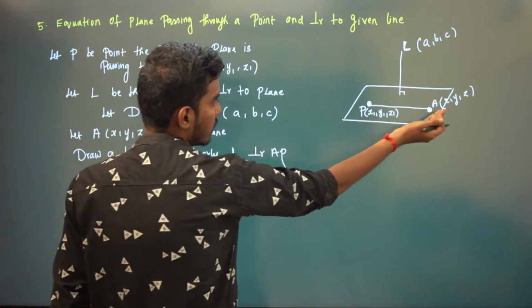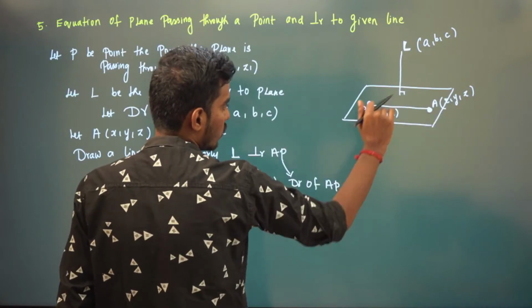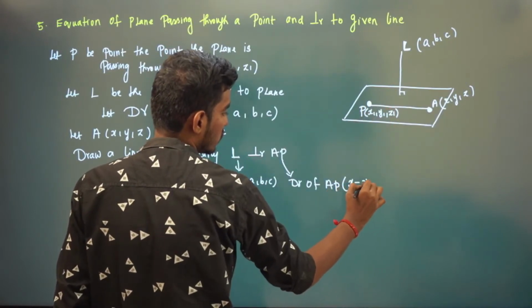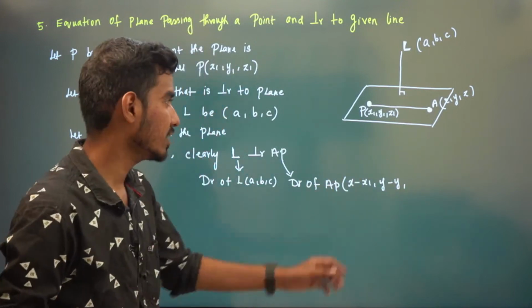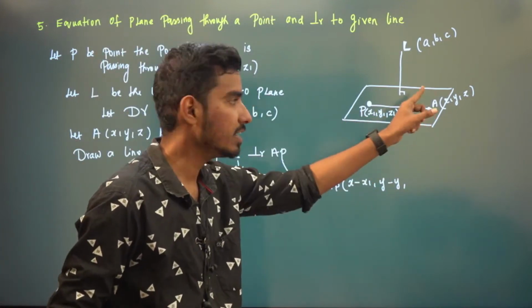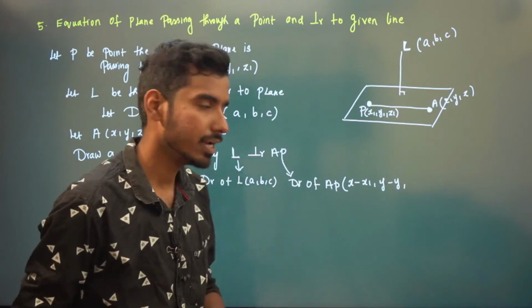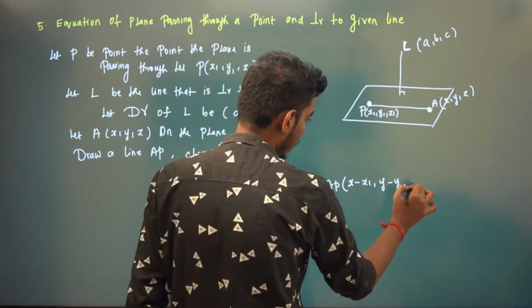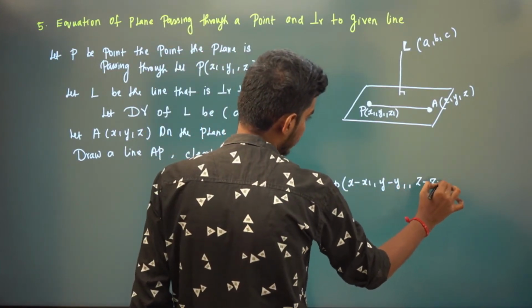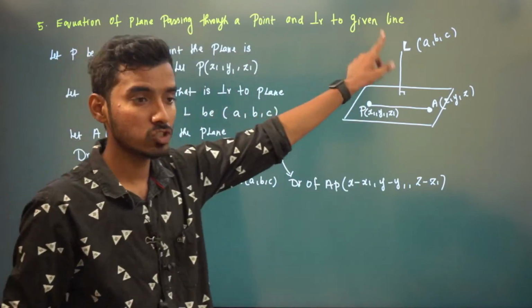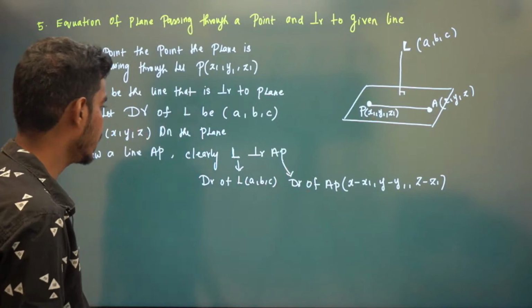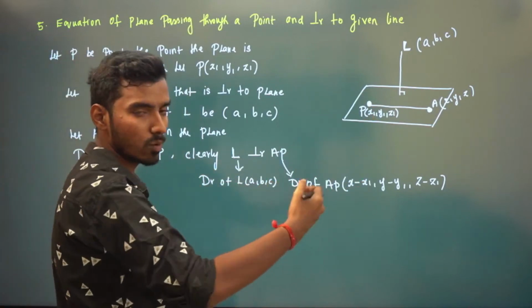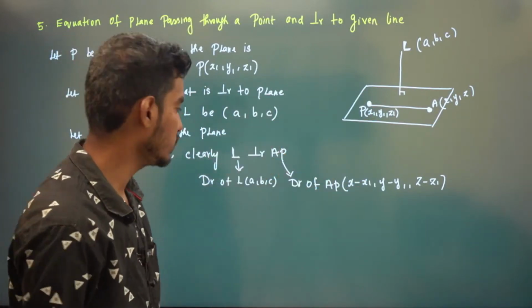It is nothing but x minus x1, y minus y1, z minus z1. If I prove in terms of direction cosine, I need to divide by its length AP. I don't want that. So we know the direction ratio of L, the direction ratio of AP, and they are perpendicular. That means a1 a2 plus b1 b2 plus c1 c2 is 0.